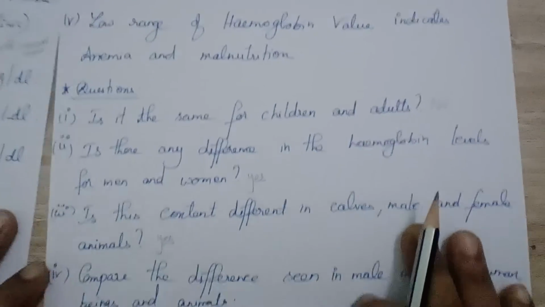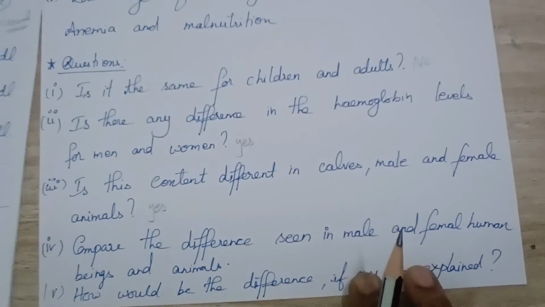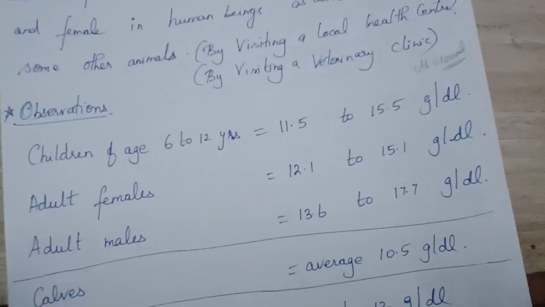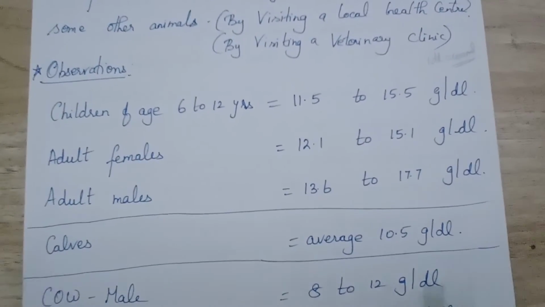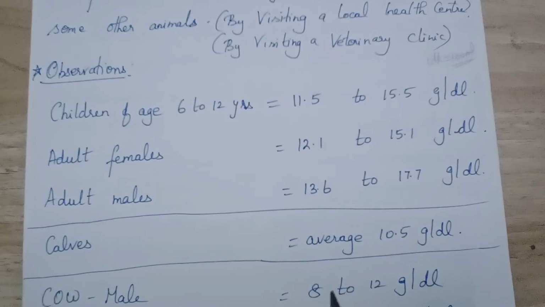Next, how could the difference, if any, be explained? So why do these differences happen? In human beings, this difference in hemoglobin content is due to hormone secretion.